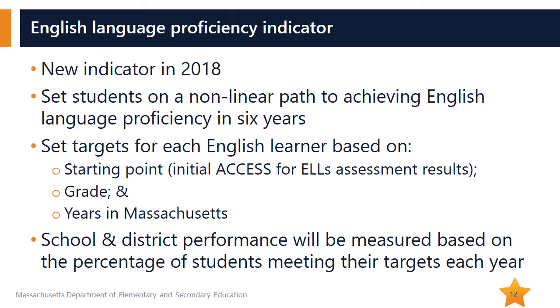The targets will be set by taking into consideration each student's initial ACCESS for ELLs assessment results, their enrolled grade, and the number of years they have been enrolled in Massachusetts public schools. School and district performance on this indicator will be measured by calculating the percentage of English learners who meet their targets each year. This is not a measure of students who attain proficiency, but rather a measure of their growth towards proficiency.